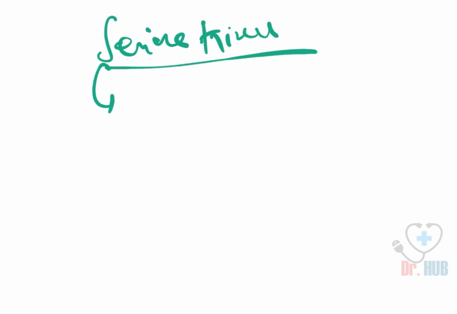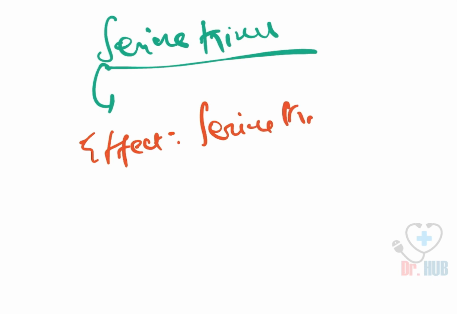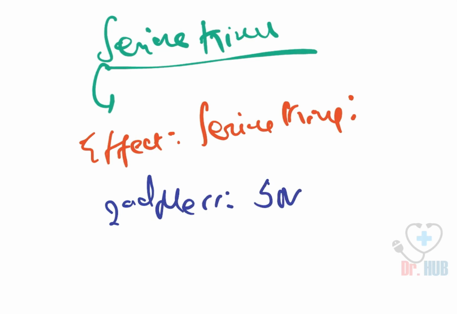Then we look at the serine kinase. So in serine kinase, the effector is the serine kinase, and the second messenger being the SMADs.